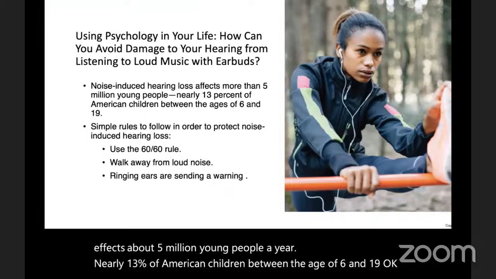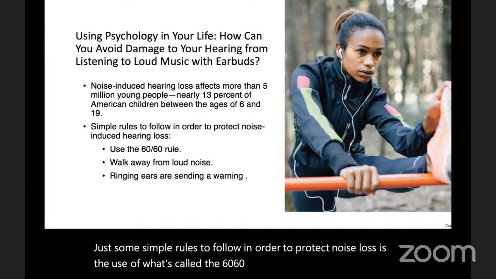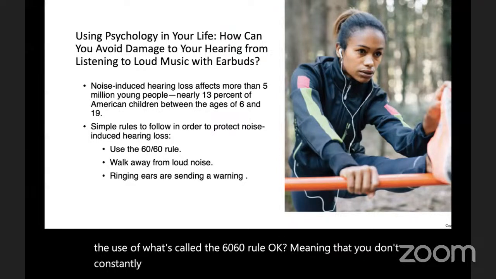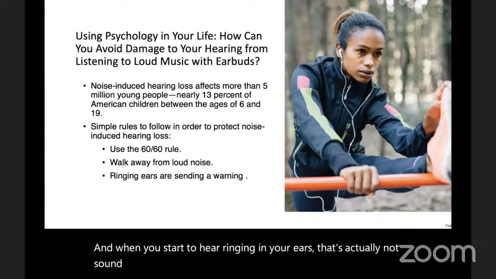Okay, a simple rule to follow in order to protect against noise loss is what's called the 60-60 rule, meaning that you don't constantly hear a sound for more than 60 or so seconds. And when you start to hear ringing in your ears, that's actually not sound entering your ear. When you hear ringing in your ear, it's your ear itself.